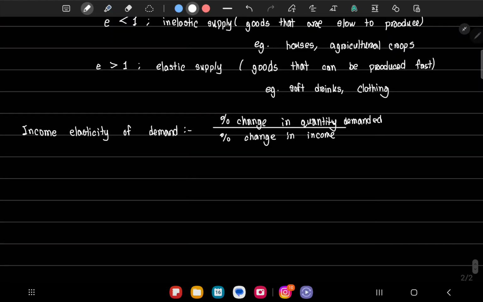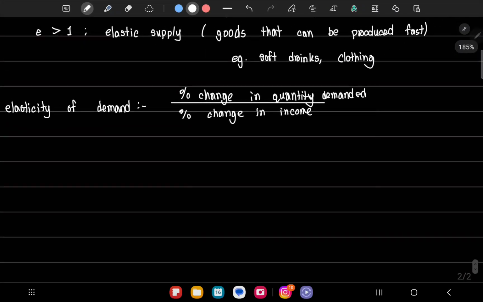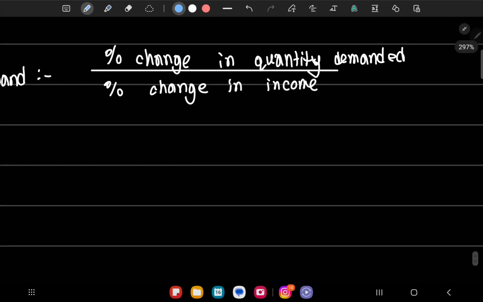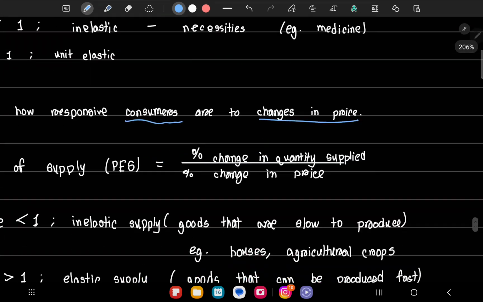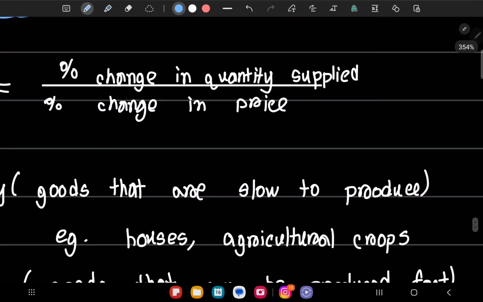But in this case, we can have both positive and negative because in the previous examples, if the price increases, the quantity supplied will increase as well. And if the price decreases, the producers will supply less as well.